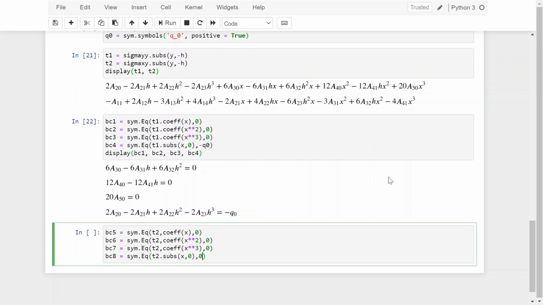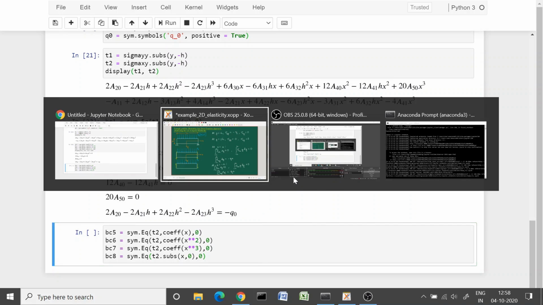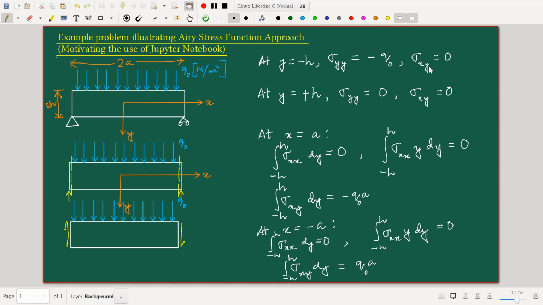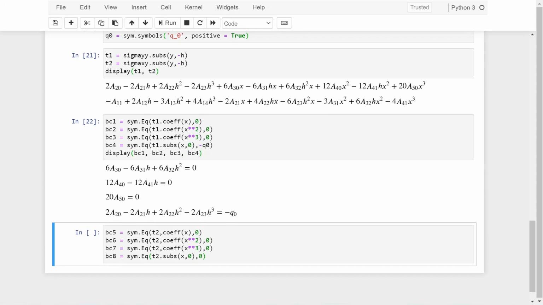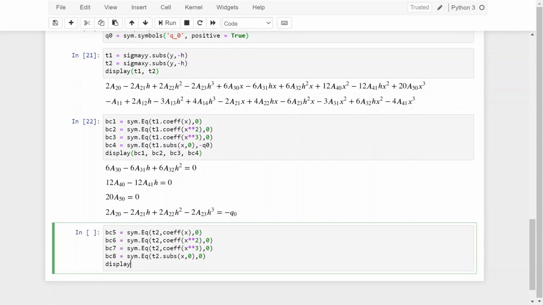Because you note that sigma xy is equal to 0, unlike the sigma yy which had a non-zero value. So all the constant terms present in this sigma xy expression are also equal to 0. That's what we have just implemented in this BC8, and we'll again display this BC5 to BC8.